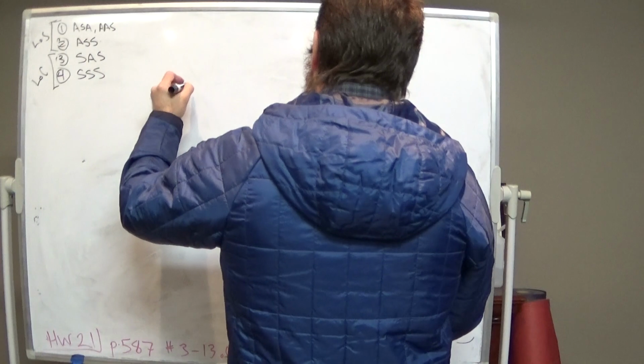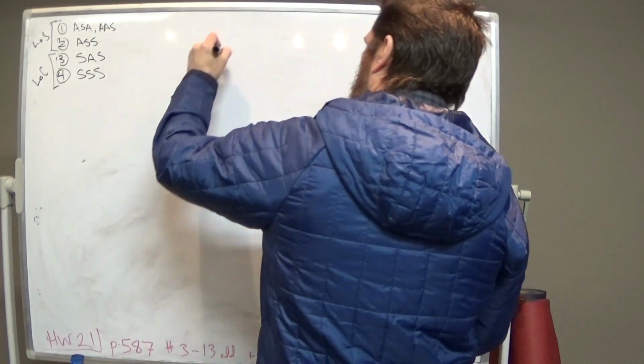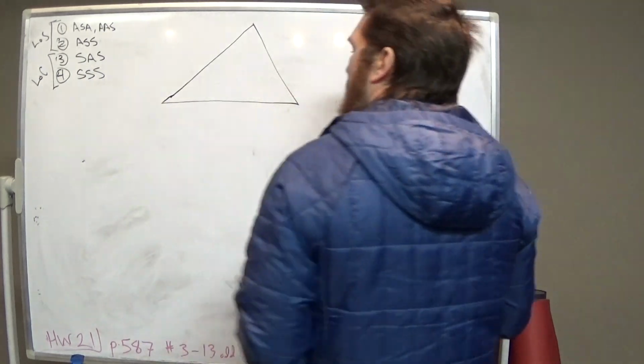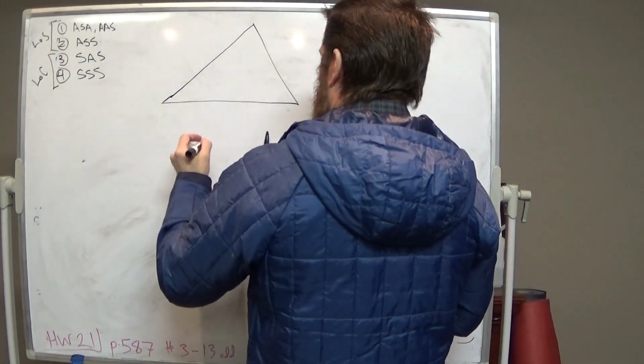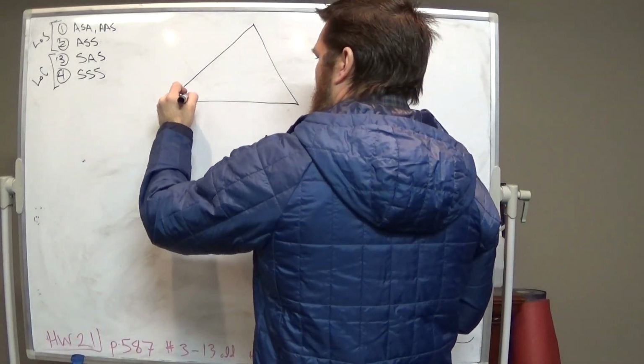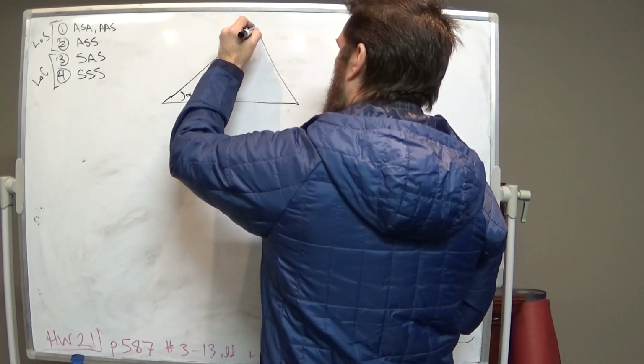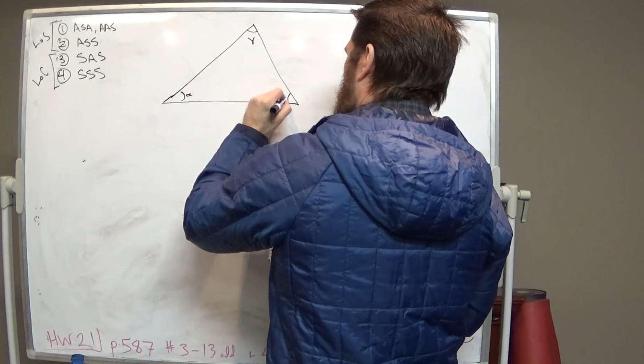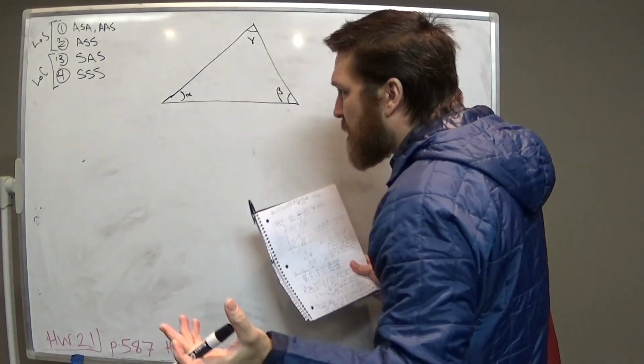So anyway, let's take a triangle. Okay, there's my given triangle, and it has 3 angles. We're going to call this one alpha, this one gamma, and this one beta. Doesn't matter, right?